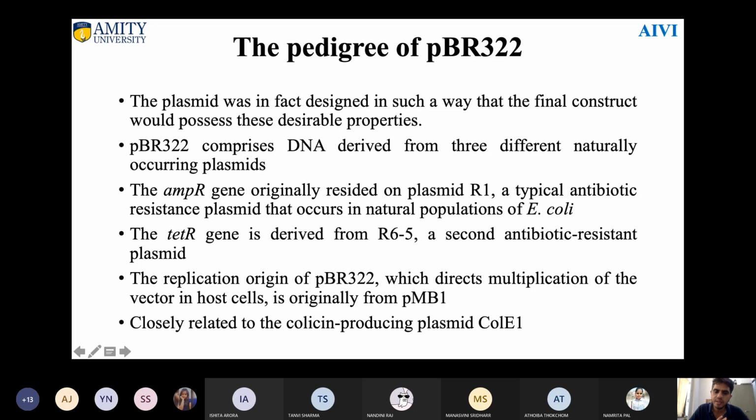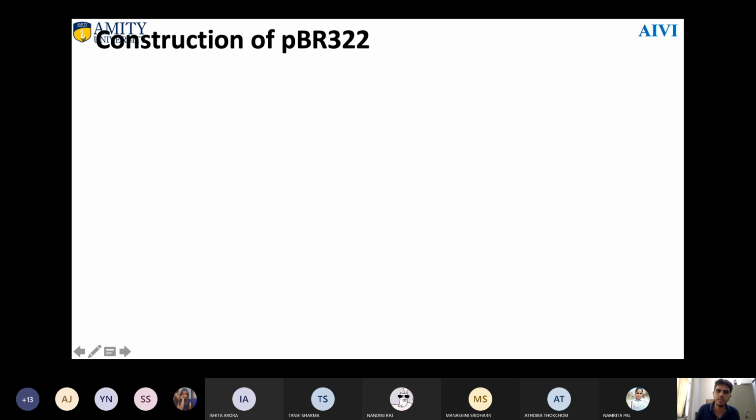So pMB1 is another plasmid which carries your origin of replication, and this pMB1 you got from ColE1. So ColE1 is again another plasmid, from which you get colicin production. Colicin is an antibiotic which is present on the plasmid. Okay, so from these 3 plasmids you got 3 different regions of your plasmid, and you join them using ligase, and that yields the vector that you are going to have.